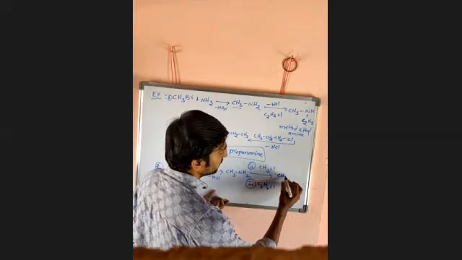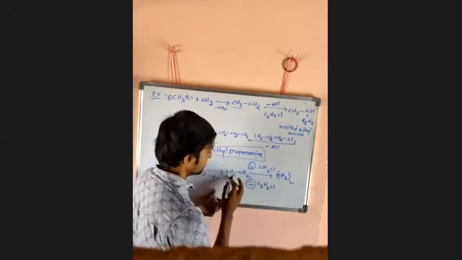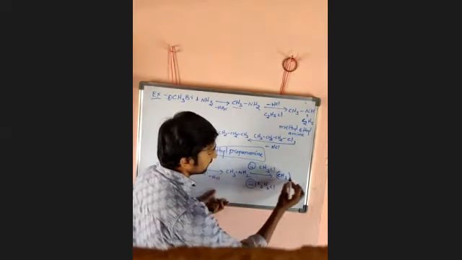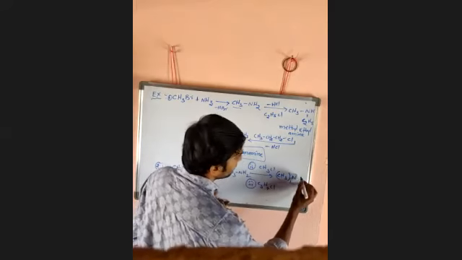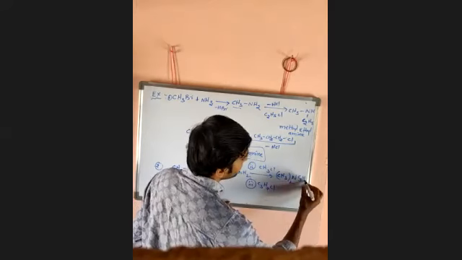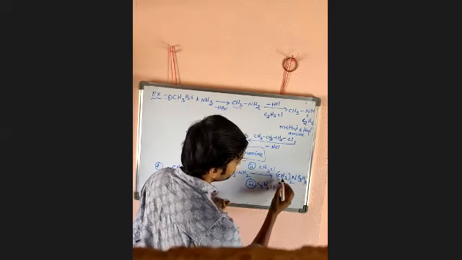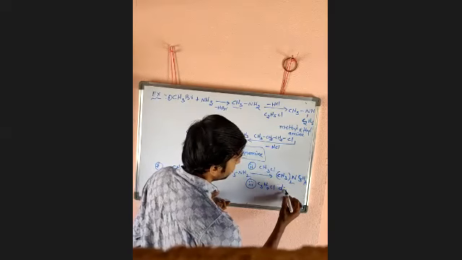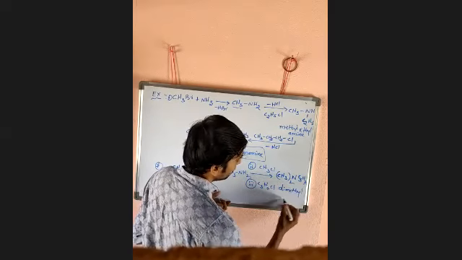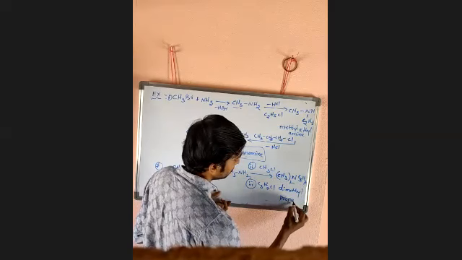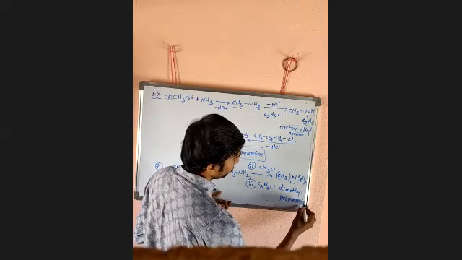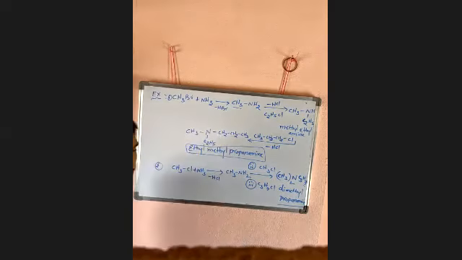What will we get? Two CH3s are there, CH3, CH3. Next, N is there, then on one side C3H7. Two methyls are there, so dimethyl propanamine. Dimethyl propanamine it is actually. So look here, it is simple.